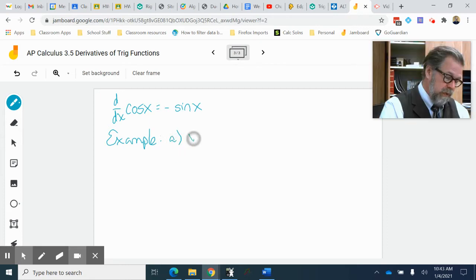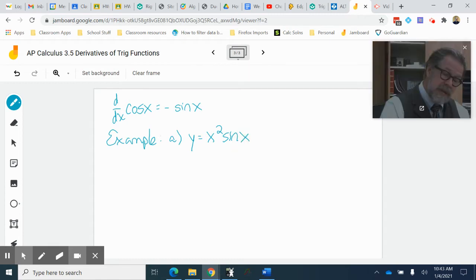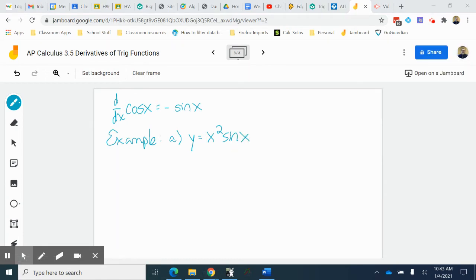Let's say that we've got y equals x squared sine of x, and I'm going to shut off the video because it's flickering in and out. Find the derivative of y with respect to x. Well, this is a product, so we're going to set u equal to x squared, v equal to sine of x.